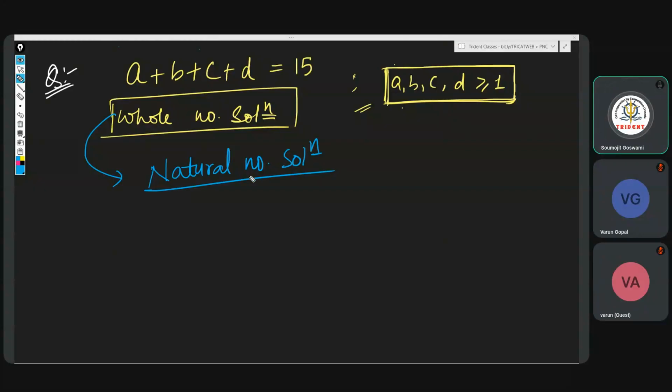The moment 0 is not allowed, it is only natural numbers. You will be like, but you are the one who said find whole number solutions. I said whole number solutions maybe, the total number of solutions maybe, but the condition is poking you towards natural number solutions. Did you understand?